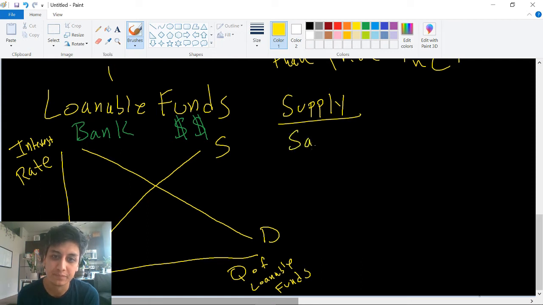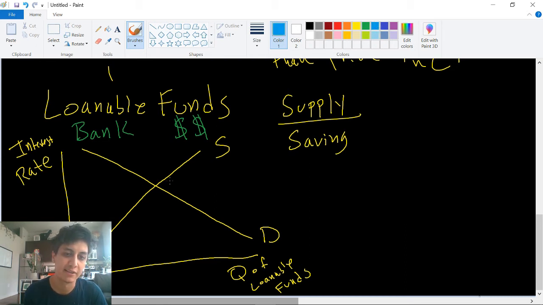Therefore, saving your money, putting your money in a bank, in this graph is very similar or equal to the supply. If I deposit $10 in my savings account, that's going to contribute to the quantity of loanable funds, because banks can use that money that I am saving and they can lend it out.